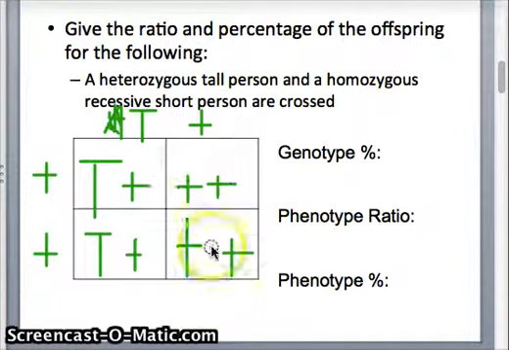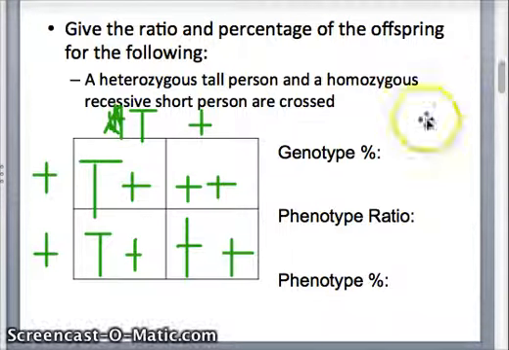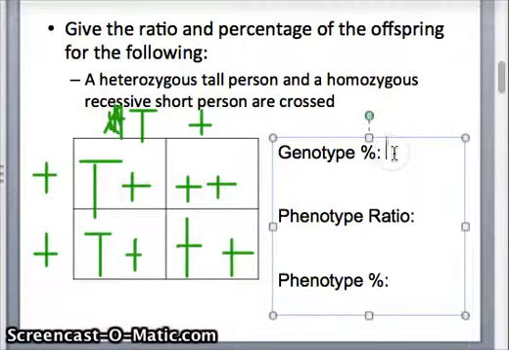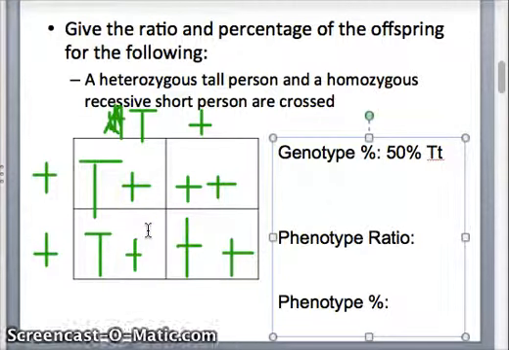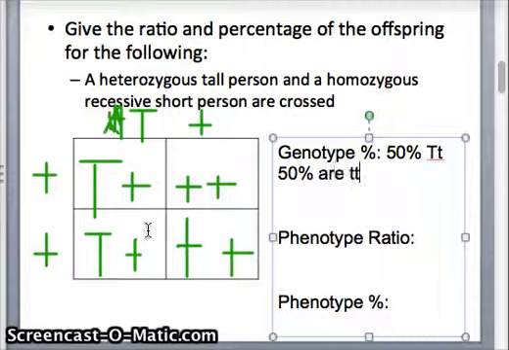So now our genotype percentage is going to be 50% because half of them, two boxes, are big T, little t, and then 50% are little t little t. Again, two boxes of that.